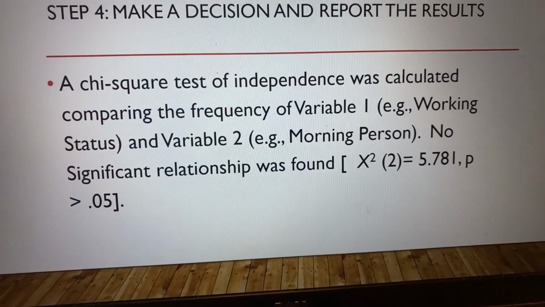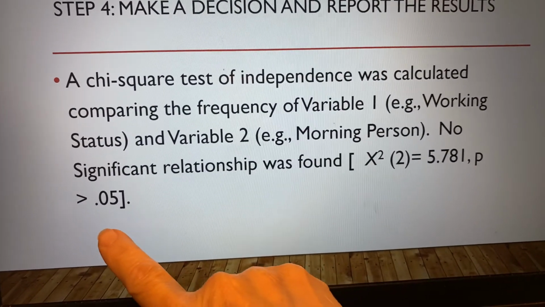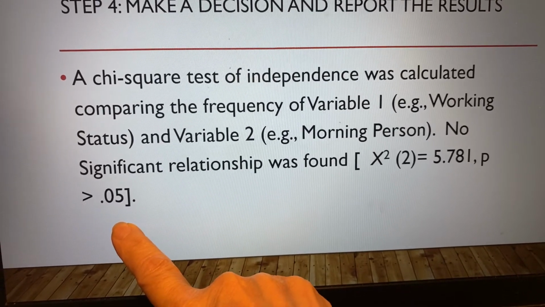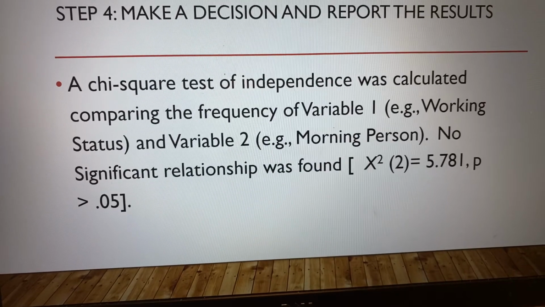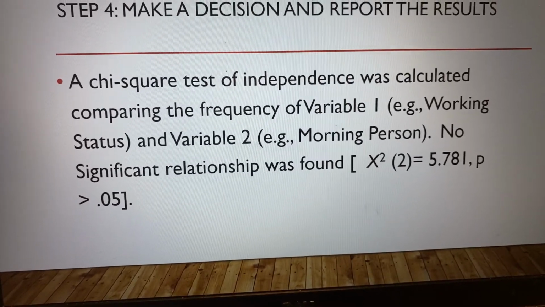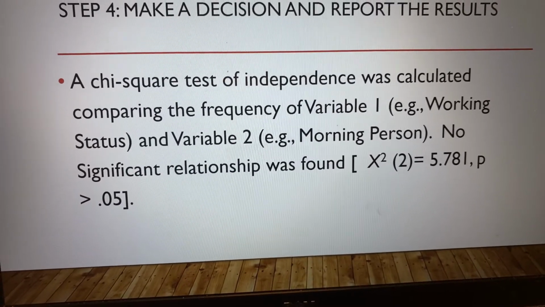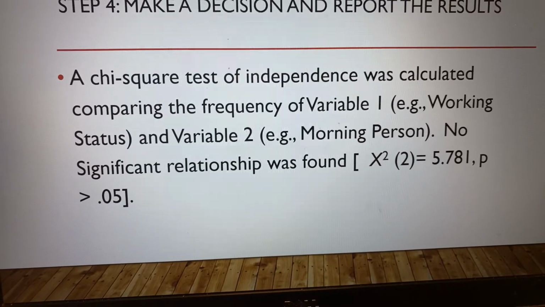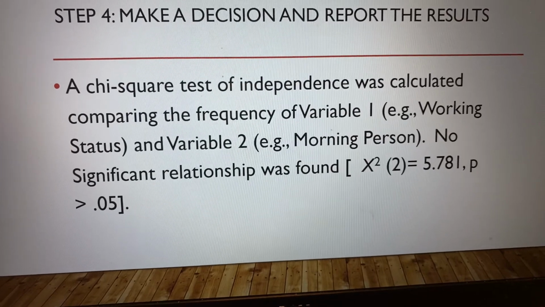You just write P. And then tell me, is it greater than 0.05 or less than? If it is greater, it means it is bigger than your rejection area, so your hypothesis is not significant.